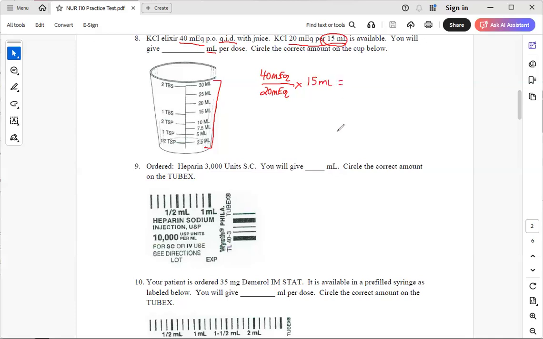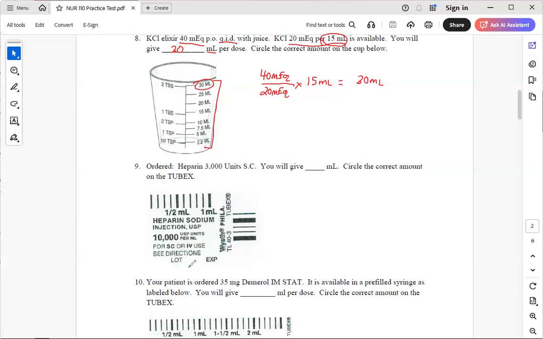So make sure you pay attention to what the quantity is. And then we're going to get 30 ml. So if I'm circling the correct amount, I might answer it by putting my 30 in here. Sometimes they want you to shade it in, but I would just say circle it. Because it's a Blackboard test, just drop the point on the 30 or at the line on the 30, and you'll be fine.